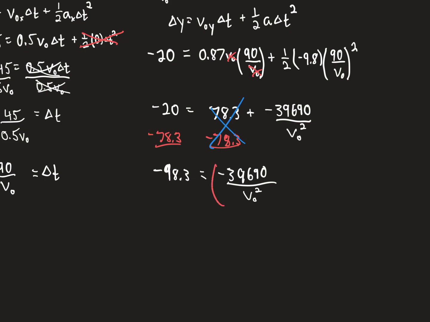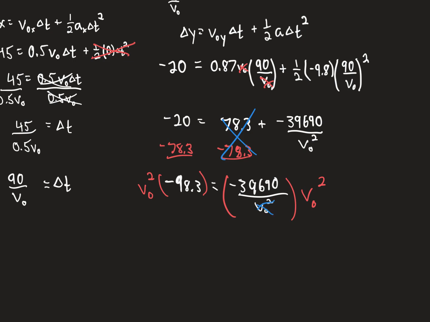I'm going to get rid of fractions because fractions are the bane of my existence and I despise them. Multiply both sides by V naught squared. That cancels it out on the right-hand side. I get negative 98.3 times V naught squared equals negative 39,690.